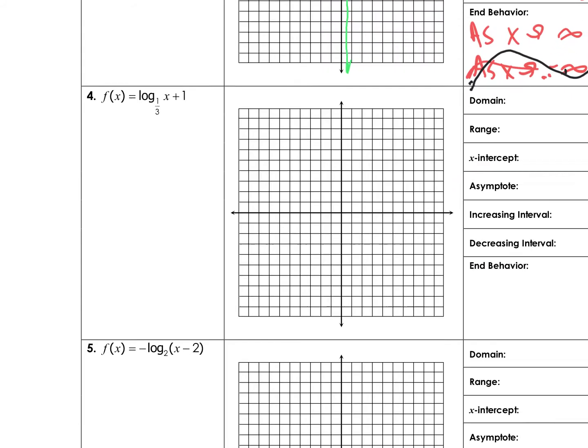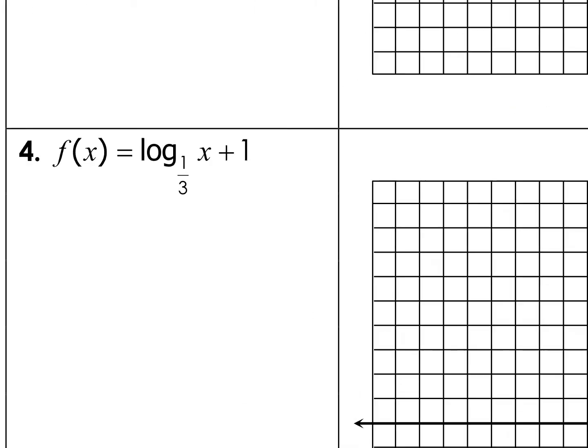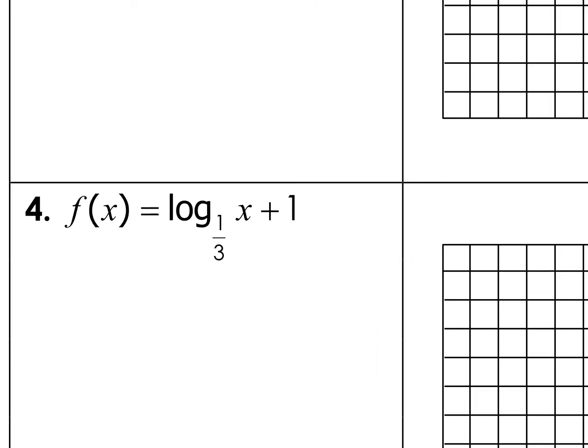Let's do another graph with a transformation. Now, the only difference is there's a plus 1. And so this logarithmic decay, why do I call it a logarithmic decay? Because it came from a decay exponential. It was a decaying exponential, which meant that the exponential would have been doing this.